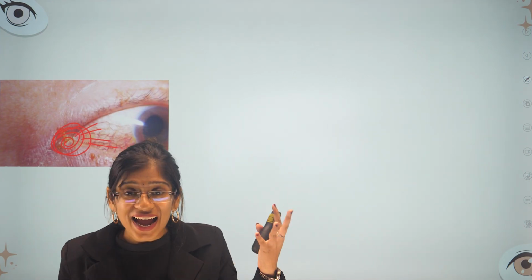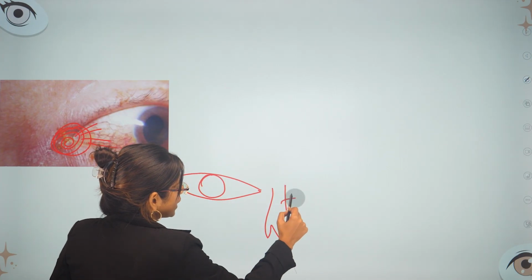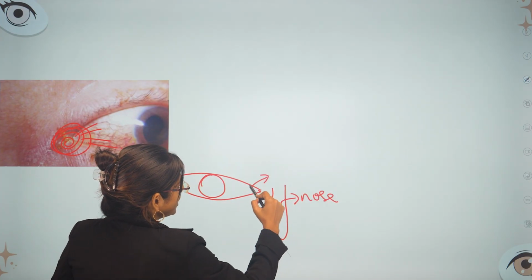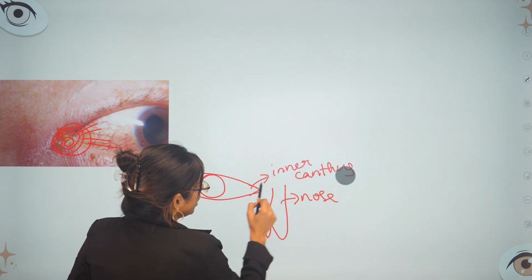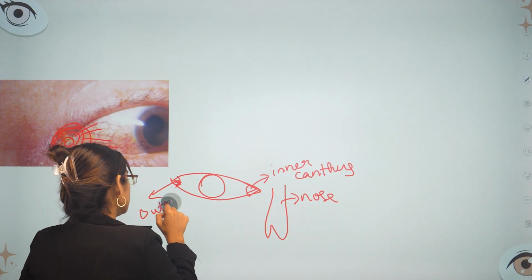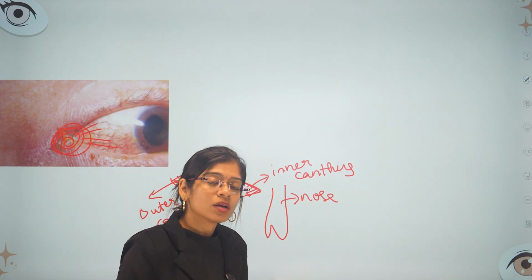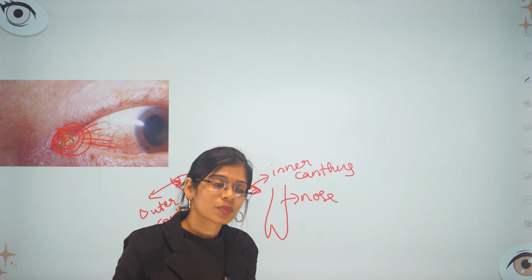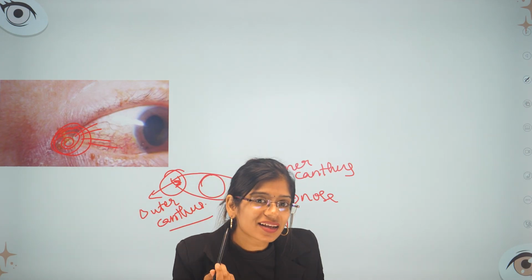What I am talking about here is angular conjunctivitis. Basically, the angles. The angle near the nose, what do we call it? The inner canthus. This other angle, we call the outer canthus. The plural is canthi. So in angular conjunctivitis the angles get infected. The skin near the angle is infected.